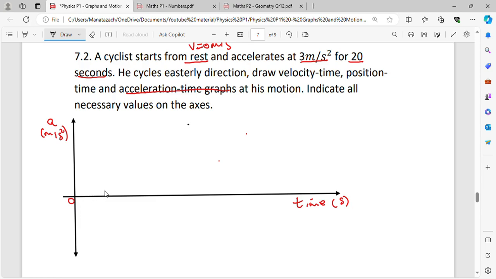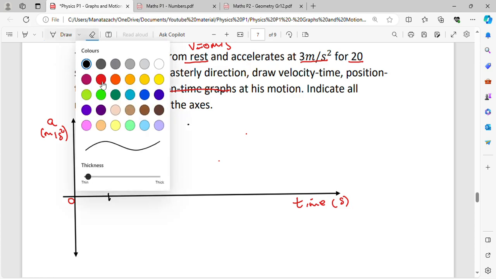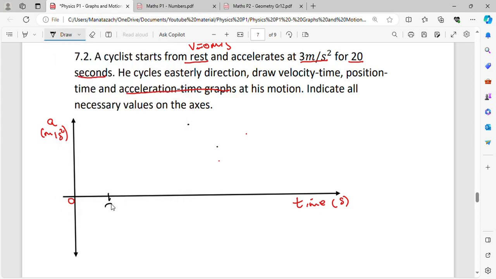We can just say 0, 5, 10, 15, 20, right? So let's do that. And then the acceleration is 3, so we'll say 1, 2, 3.